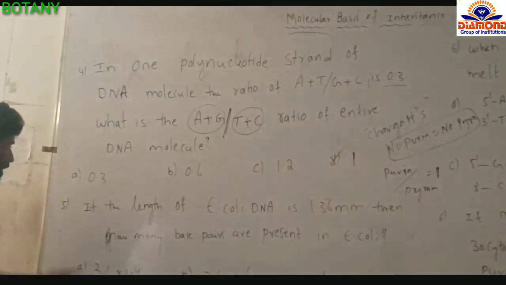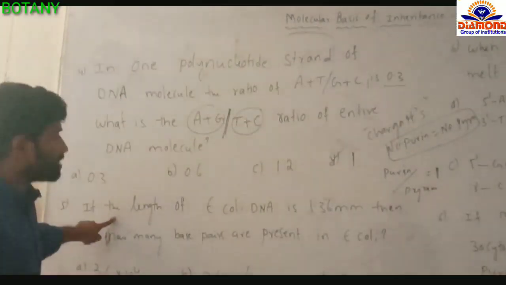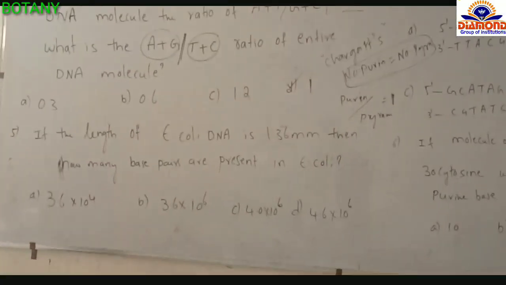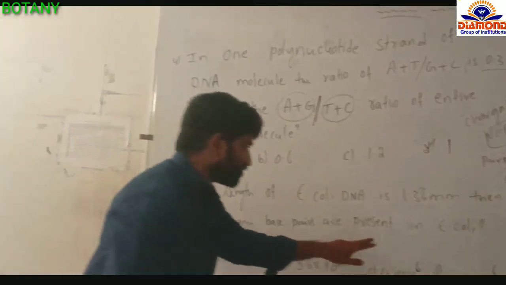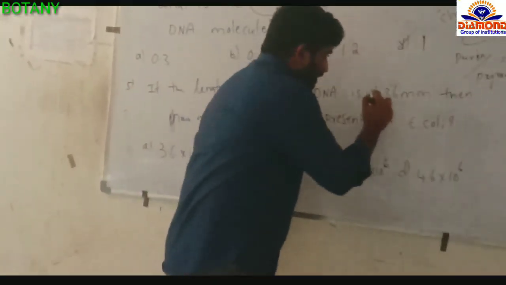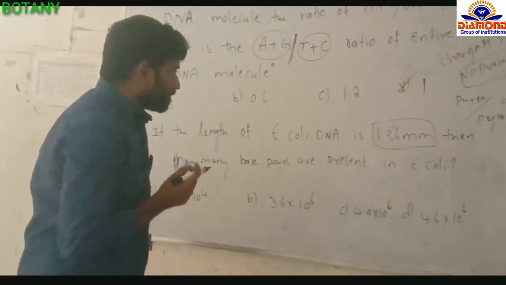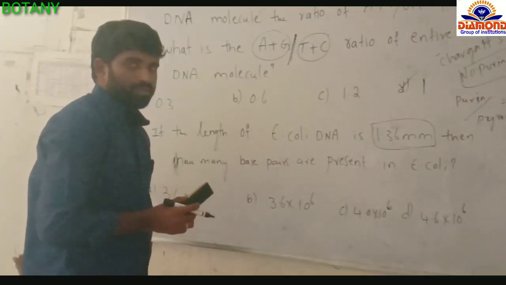And next, question 5. If the length of E. coli DNA is 1.36 millimeters, then how many base pairs are present in E. coli? This is also a direct question. So 1.36 millimeters of DNA equals how many base pairs?